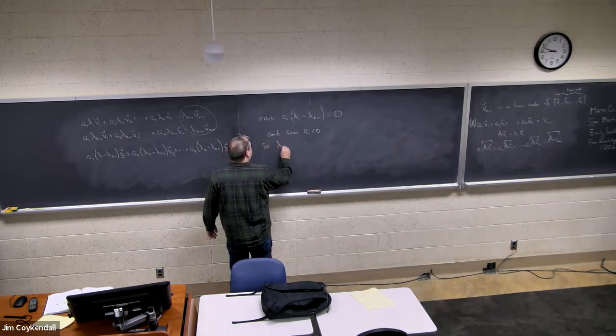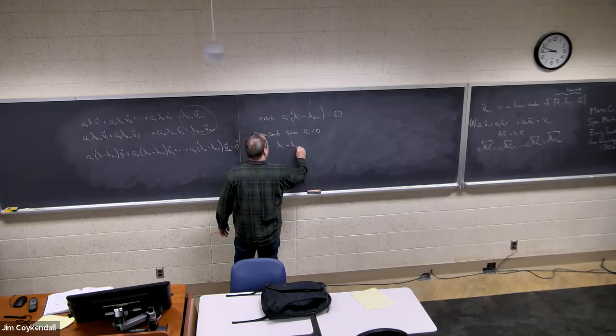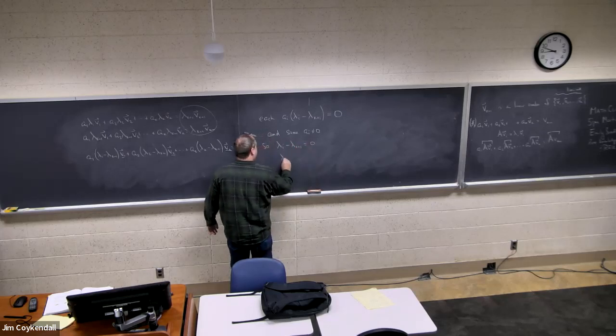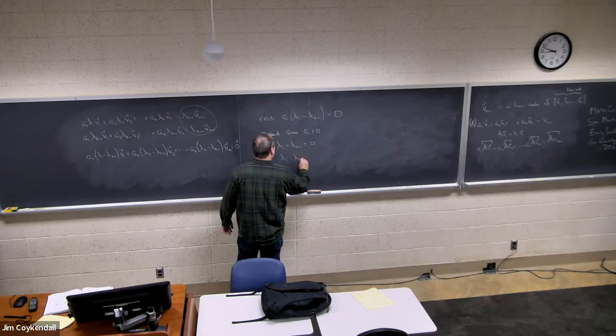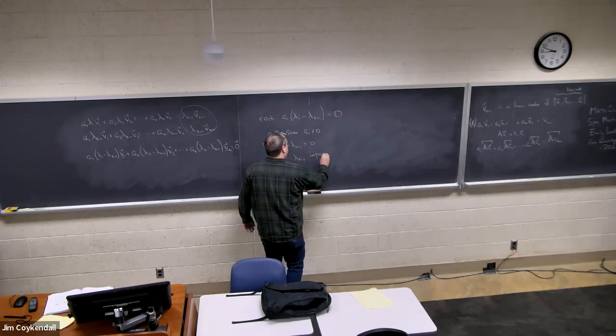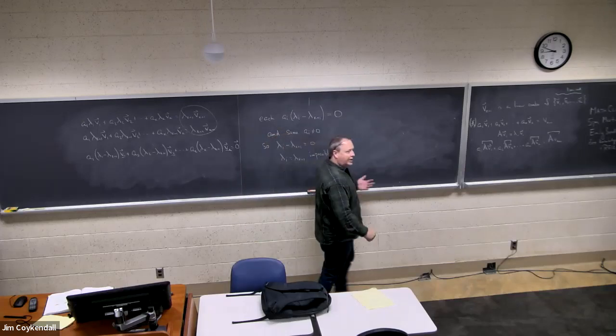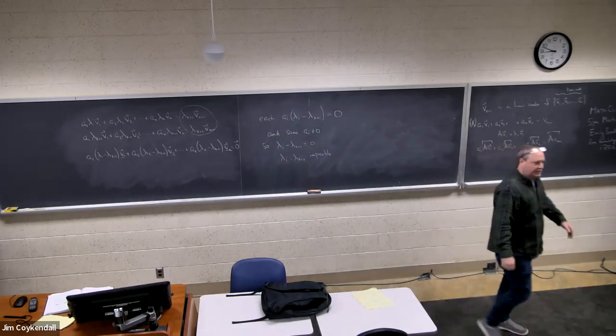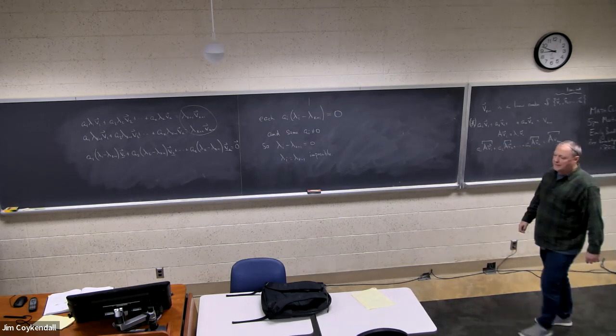So for that value of i, I get lambda i equals lambda K plus 1, and this is impossible, because we've already said that all the different lambdas are different. That's the problem there.